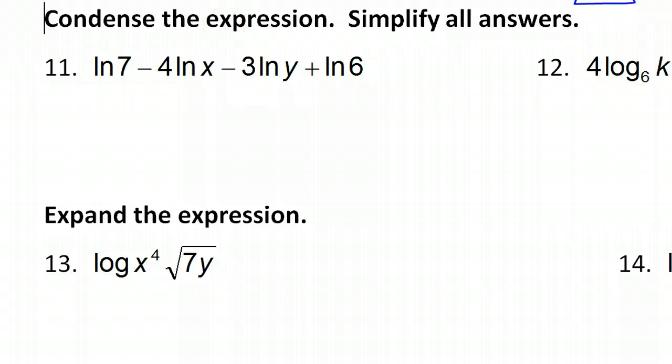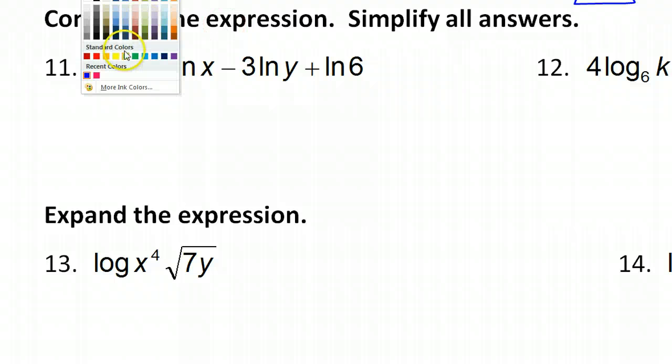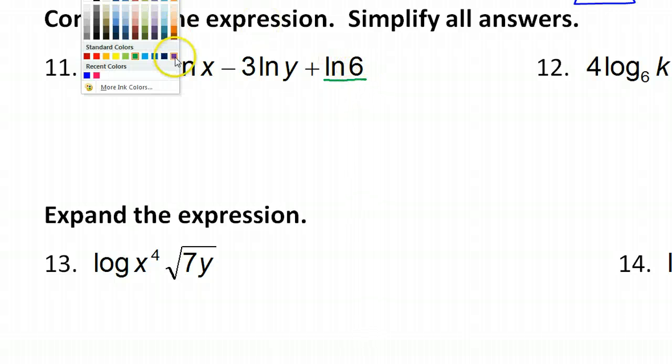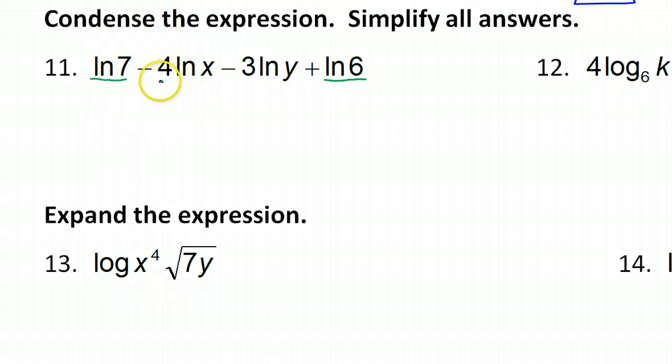Alright, so an easy way to look at this is any term here that's positive is going to give us a factor in the numerator. So this is positive and this is positive. So I'm going to have a 7 and a 6 up top in the numerator. Okay, now on the other hand, this term is negative and this term is negative. So these terms are going to contribute factors to the denominator.